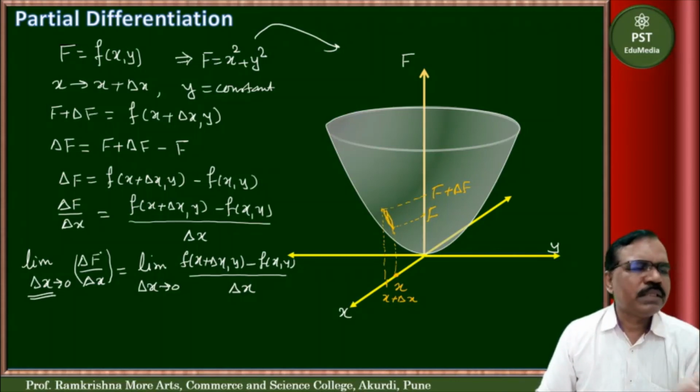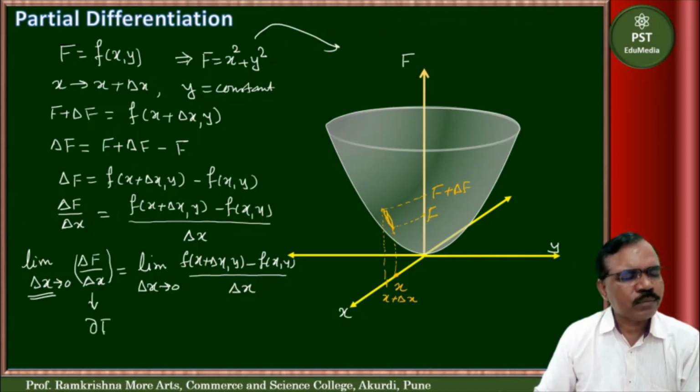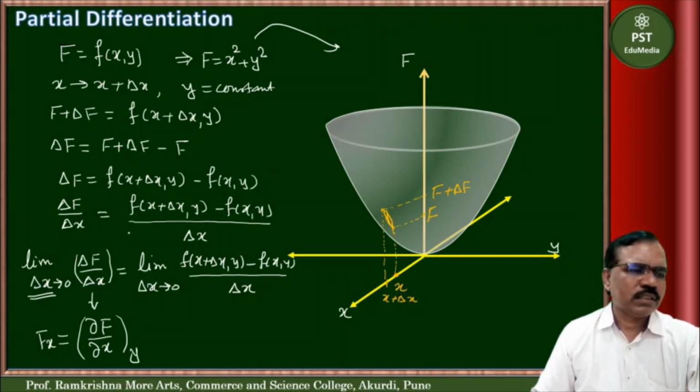But here f is a function of two variables and we are changing only one variable, keeping the other constant. So this one is called partial derivative, written as dabba f by dabba x, and also written as fx. Here y is constant. So dabba f by dabba x when y is constant.